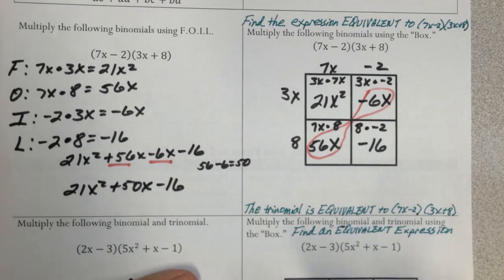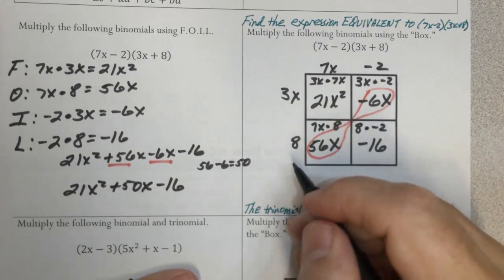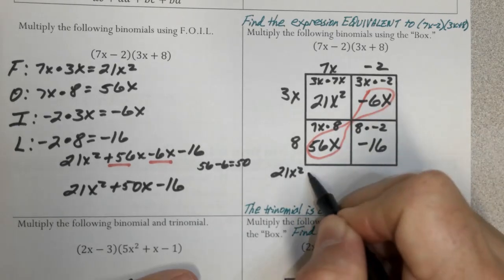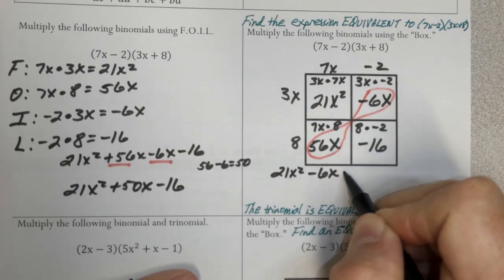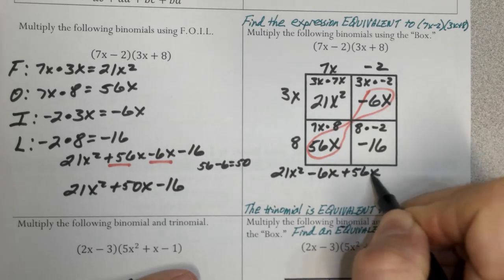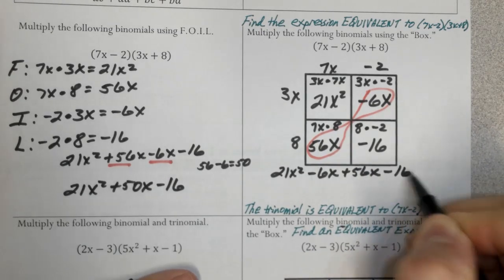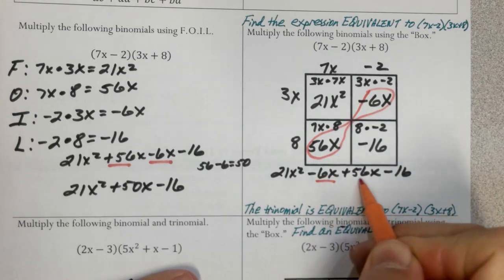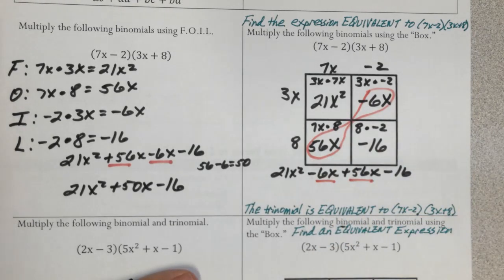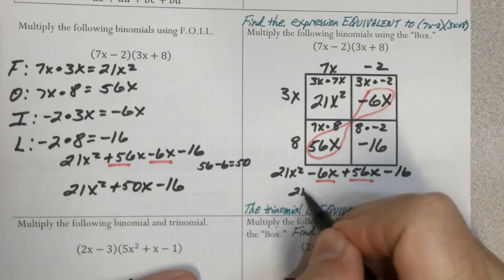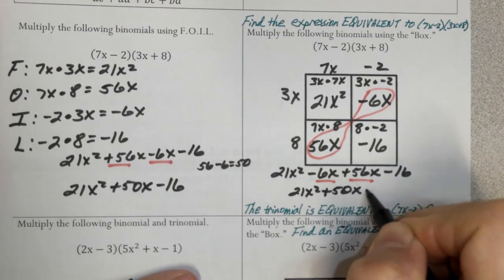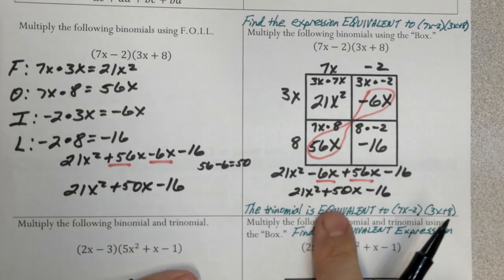So we're going to write this out as 21x squared minus 6x plus 56x minus 16. And we combine these two middle terms, these two x terms. So our final answer is going to be 21x squared plus 50x minus 16.